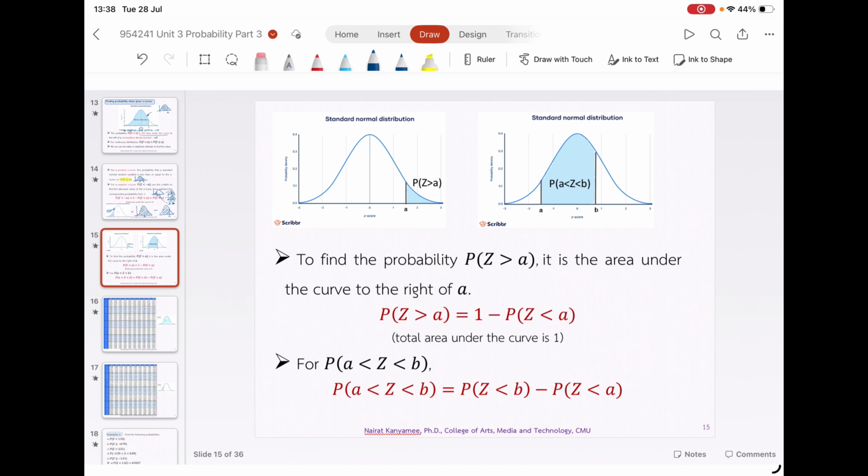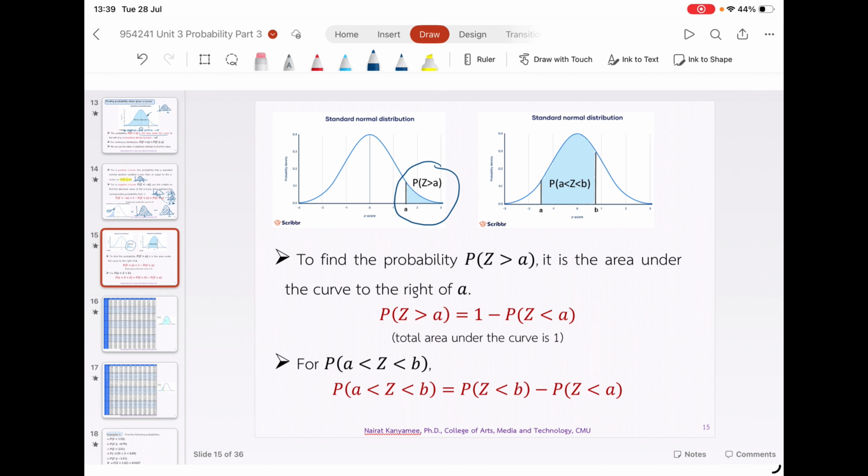Okay, next. To find the probability P of z greater than a, that means the shaded area is at the right tail. To find the probability in this case, the area under the curve is 1, right?